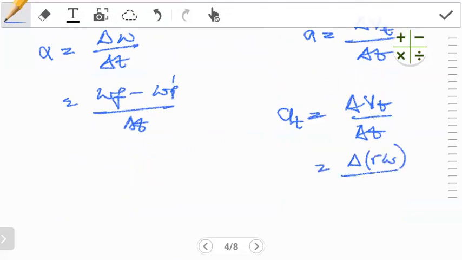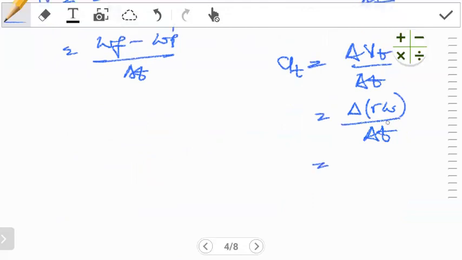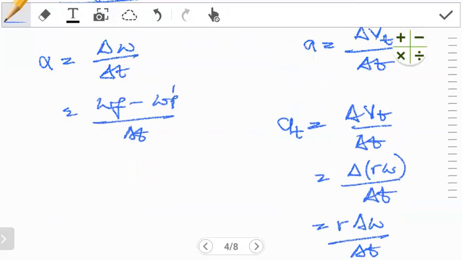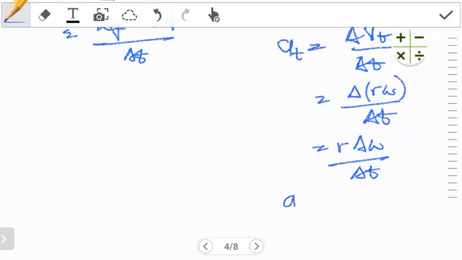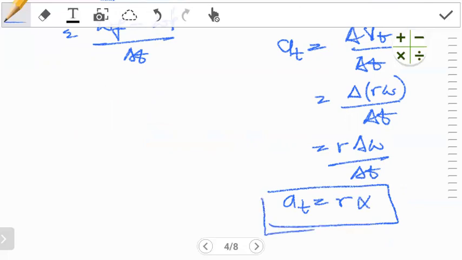This then becomes r times the change in omega over change in t. Change in omega over change in t, when we check here, is just the definition of angular acceleration. So we come up with this relationship, r alpha. This is how angular acceleration relates to the tangential acceleration.